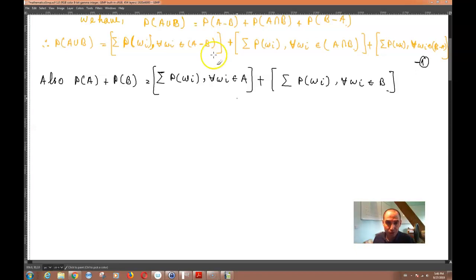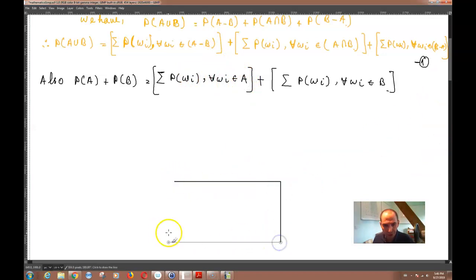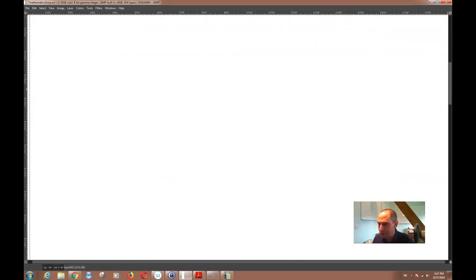Okay. And you saw previously, using the Venn diagram, we showed that, let me do this Venn diagram down here because we need to keep referring to it.